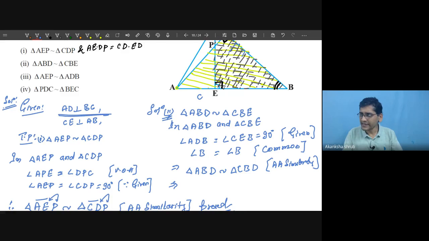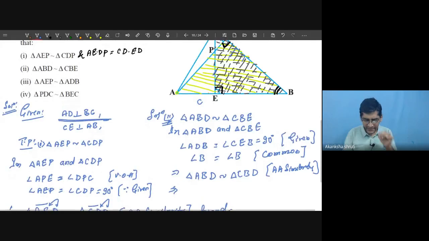What ratios can we write, or what multiplication can we write? Very easy, students. Very easy. Just take the two. If you are taking AB, then take this CB. Okay, so AB by CB, then take this BC by BD, BC by BD.